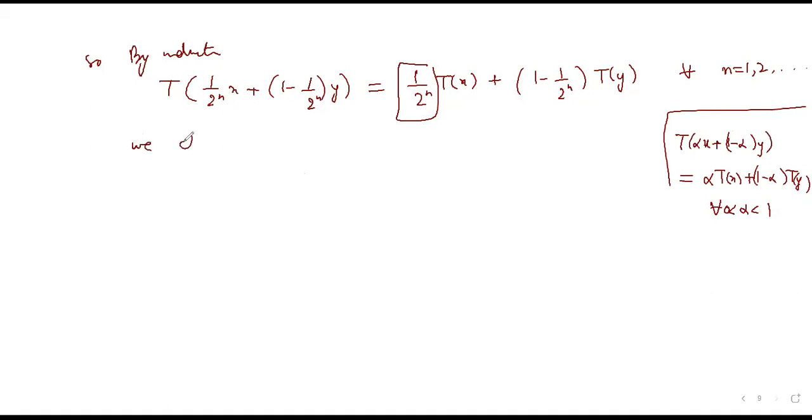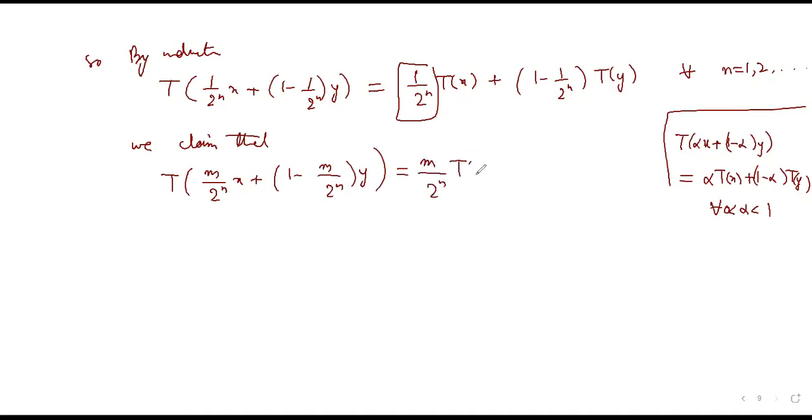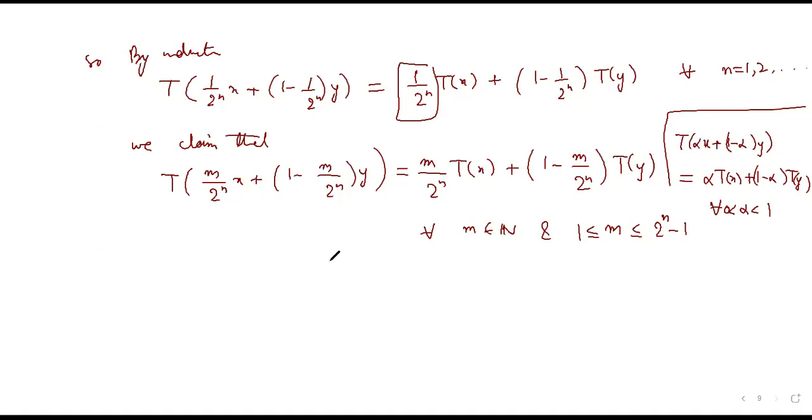Let me write it down. We claim that T((m/2^n)x + (1 − m/2^n)y) = (m/2^n)T(x) + (1 − m/2^n)T(y) for all m belonging to natural numbers with m lying between 1 and 2^n − 1. Now you can prove this by induction, right?